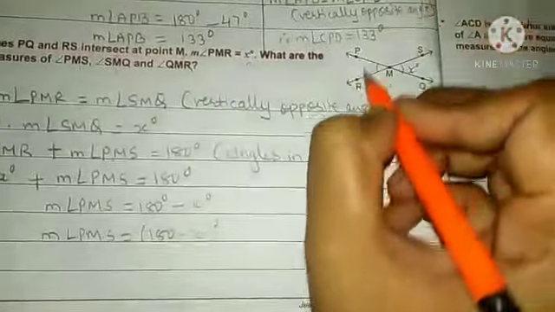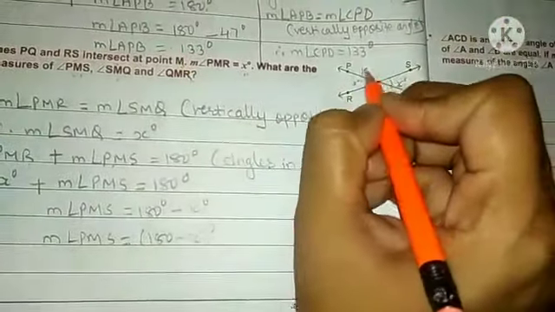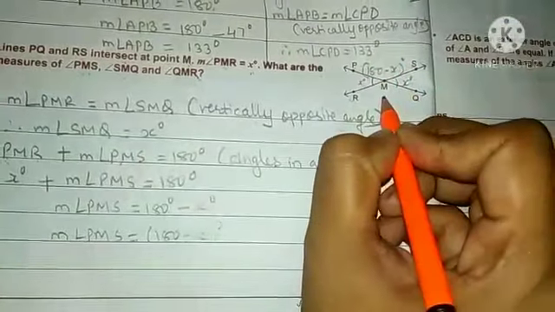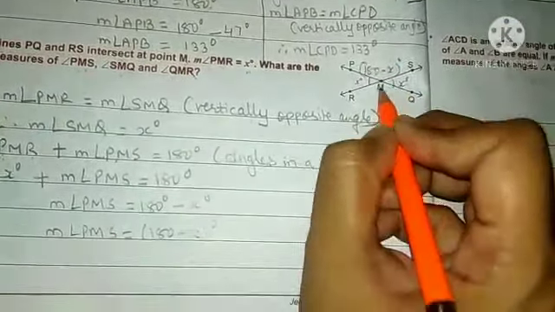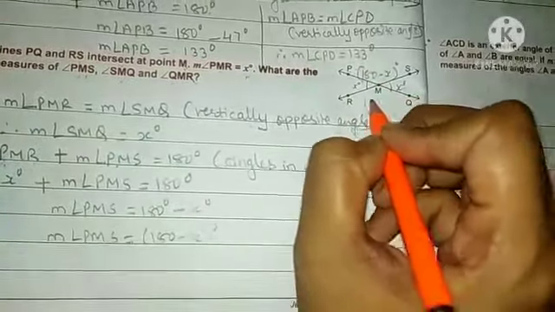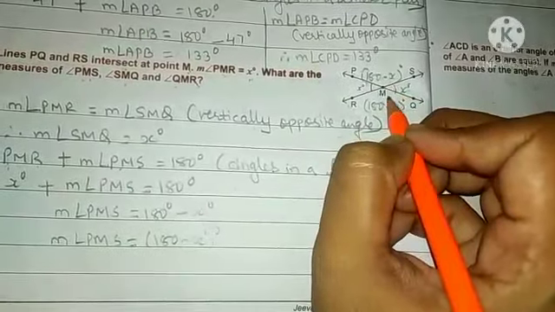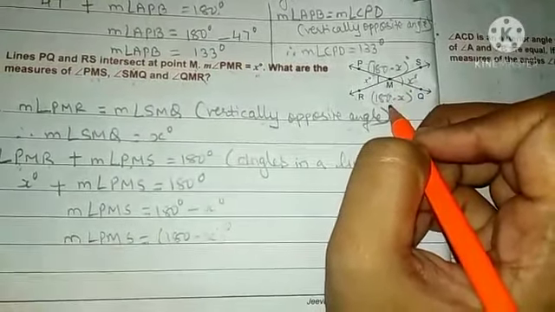Understood? So if measure of angle PMS is 180 minus x degree, what will be the measure of angle QMR? Same, that is 180 minus x degree. Why? Because both the angles are vertically opposite angle.